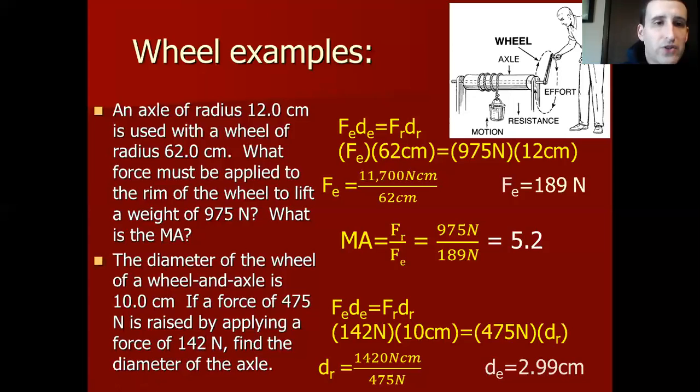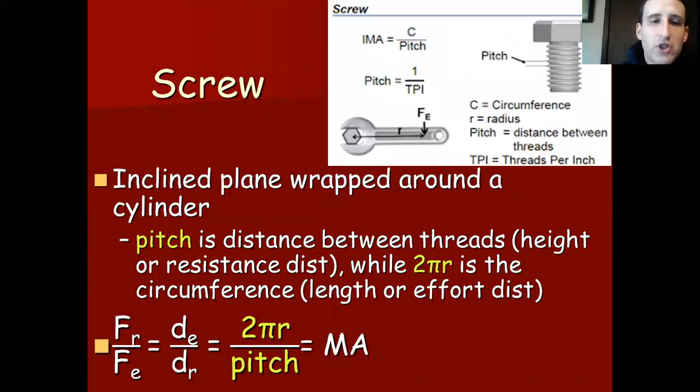In many ways, the screw is the hardest of the simple machines. It's a very common one that we're familiar with, but mathematically especially, it is more challenging than some of the other simple machines, just because there's an extra level of math and thinking that you have to do. Conceptually, the screw is not that complicated, right? It's the inclined plane.